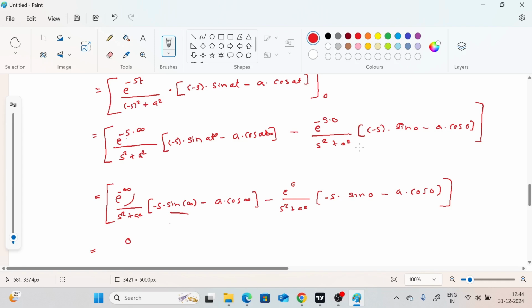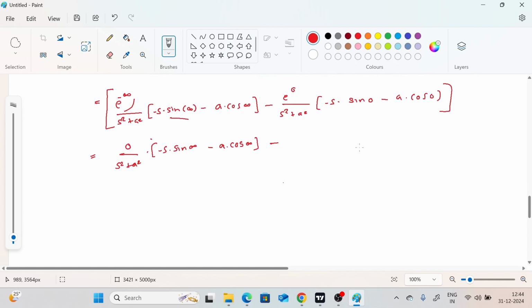We cannot have a value for sin infinity, so it is indefinite.